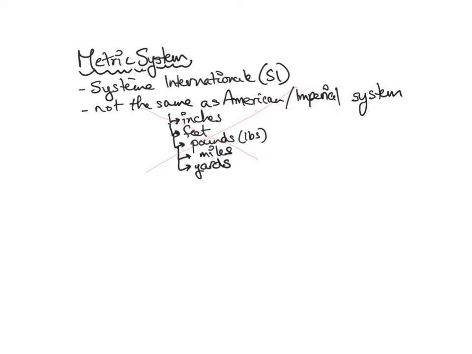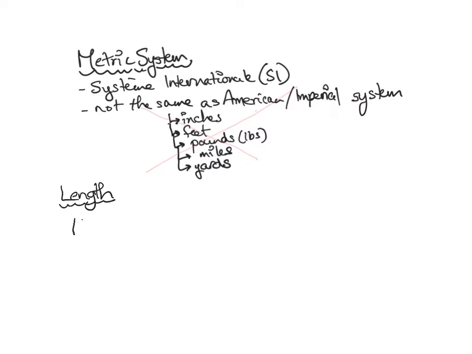Okay, so when we're talking about the metric system, we're going to use length in order to create the framework for the other things that we're also going to be able to measure.